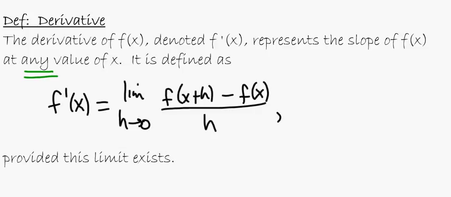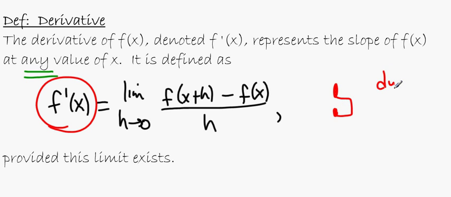Couple of side notes. Sometimes instead of f prime of x, we use the notation dy dx. This is Leibniz's notation. He was one of the guys that developed the calculus.